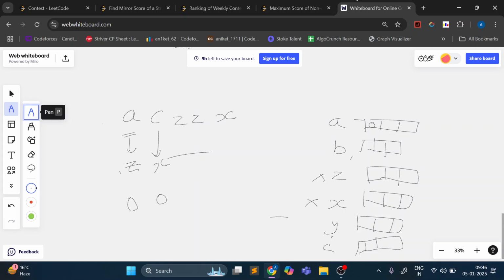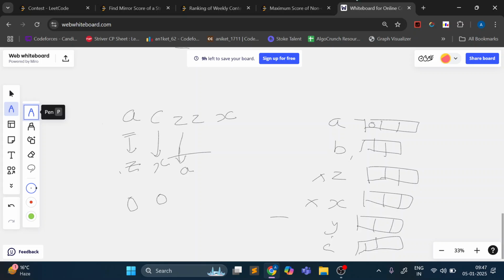Now we move to Z. Z's mirror character is A. Now the stack top of A has an index which is 0. So we can match these two.